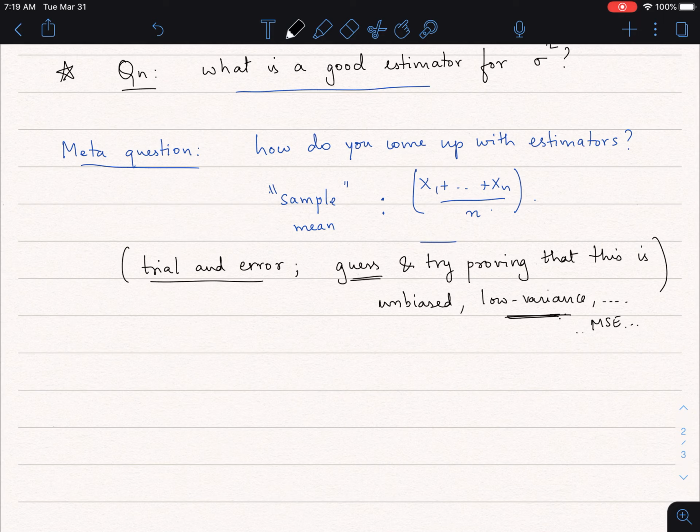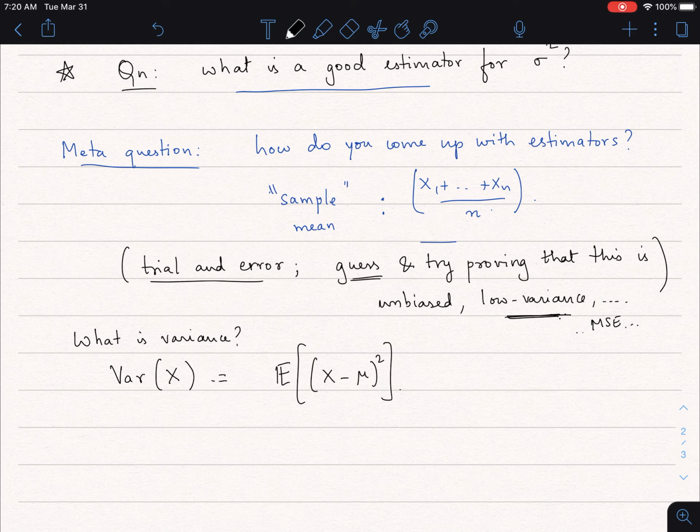If I have any distribution, we have a formula for the variance of any random variable x. By definition, the variance is the expected value of (x minus mu) whole squared, where mu is the mean.